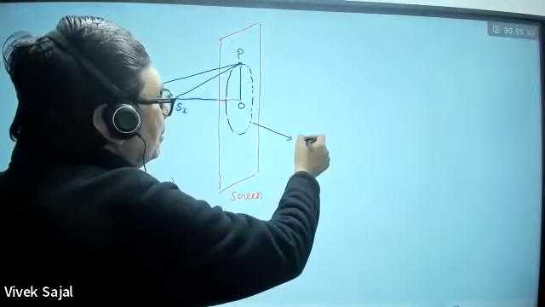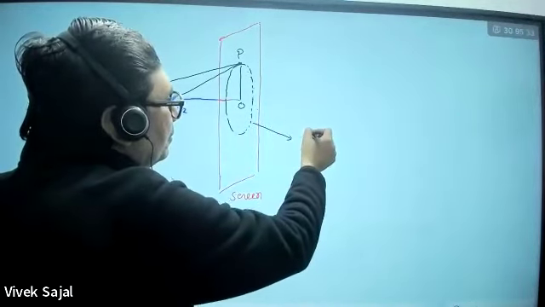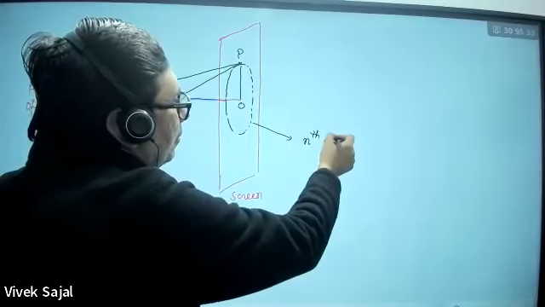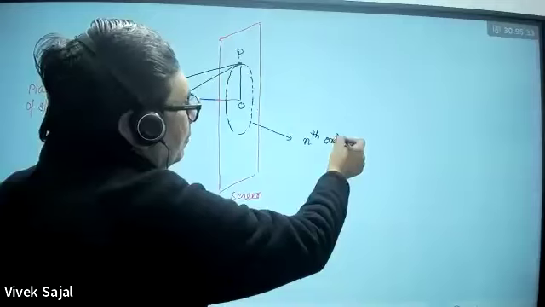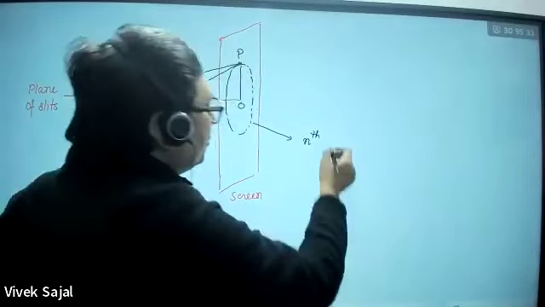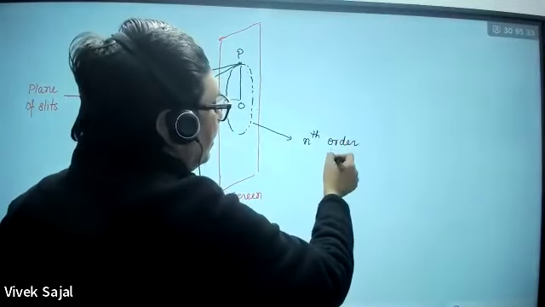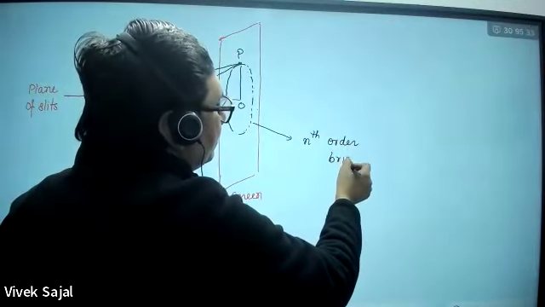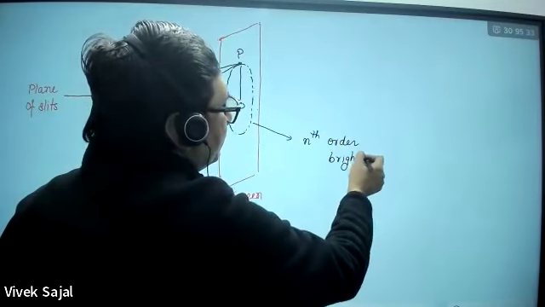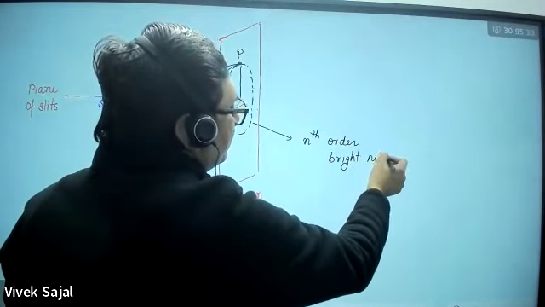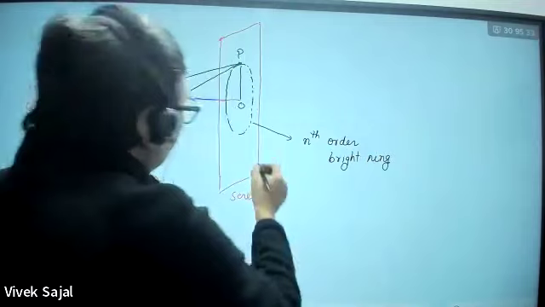So this will be the nth order bright fringe, nth order bright ring. So the shape will be circular.